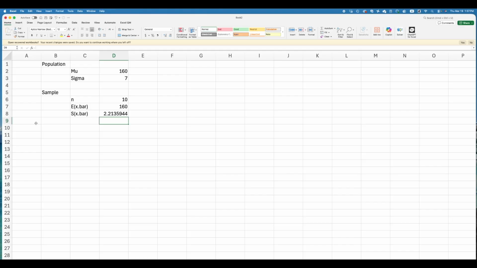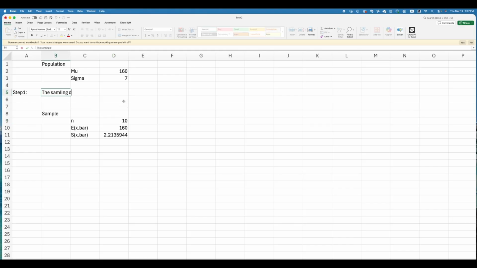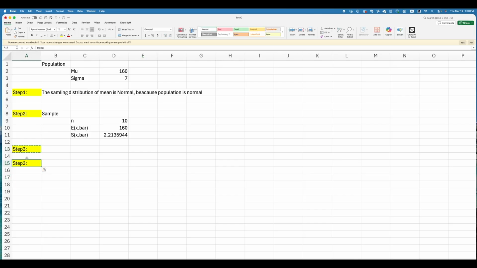So step 1, the sampling distribution of mean is normal because the population is normal. So that's step 1. Step 2, update the features of the sample, which we did here. Step 3, formulate the probability, and step 4, calculate the probability.